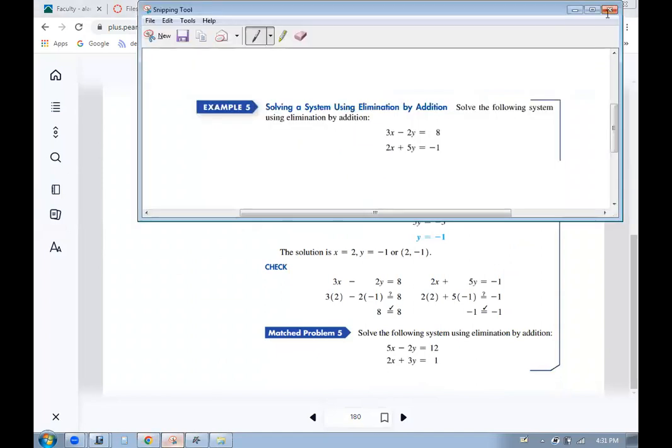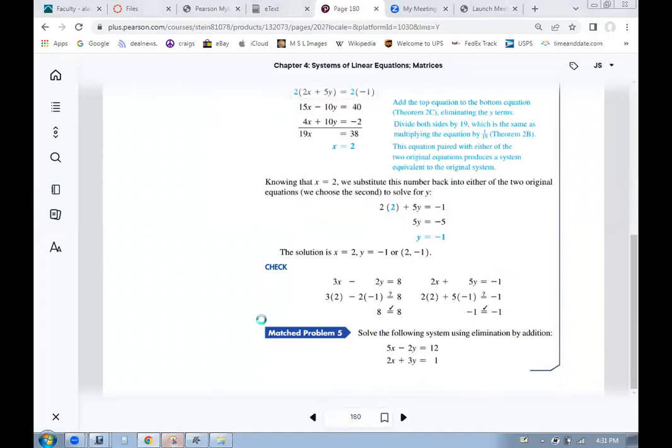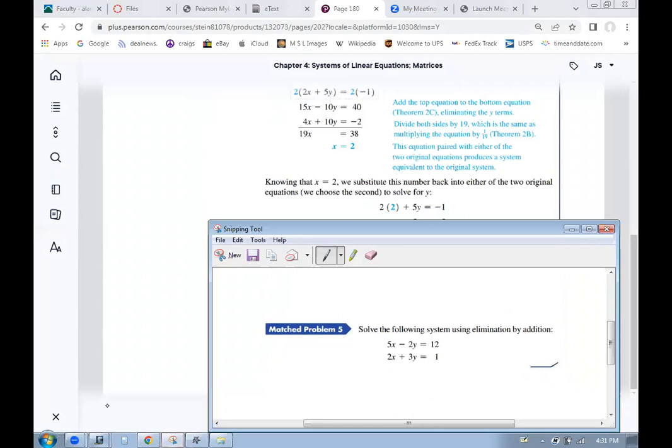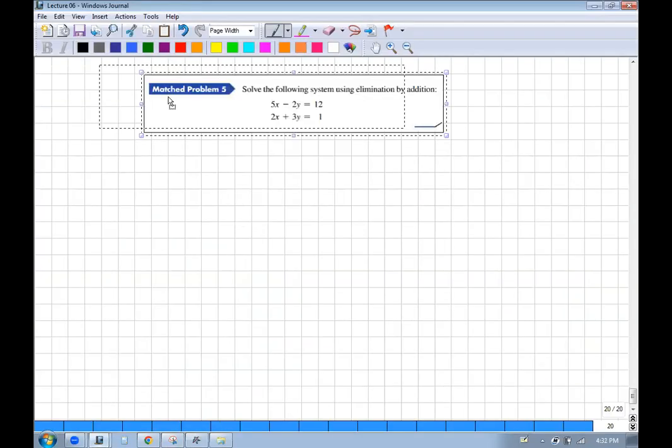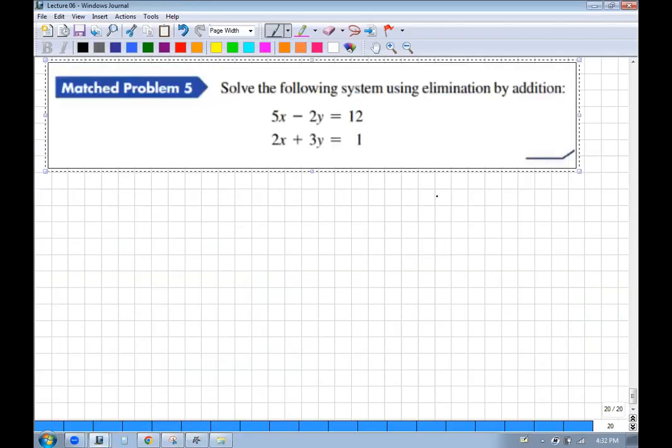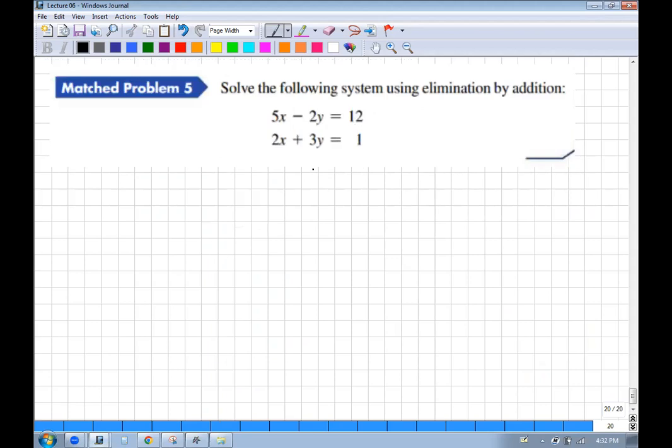Look at another one. So enough of the philosophy. Let's just focus on getting the answer here, right? That's what y'all want to be able to do. Just show me how to get the answer. Well, I want to be able to add one to the other so that one of the variables goes away.